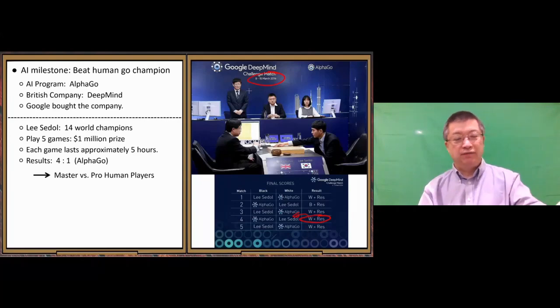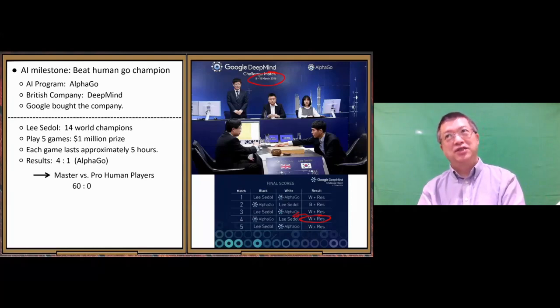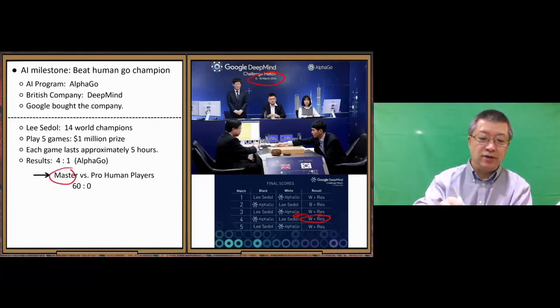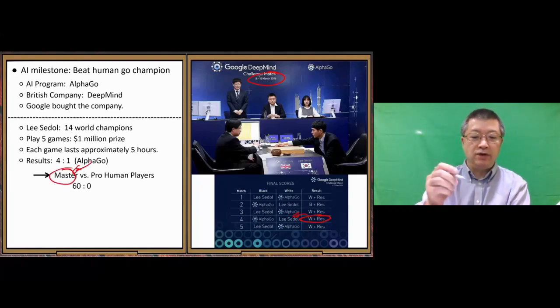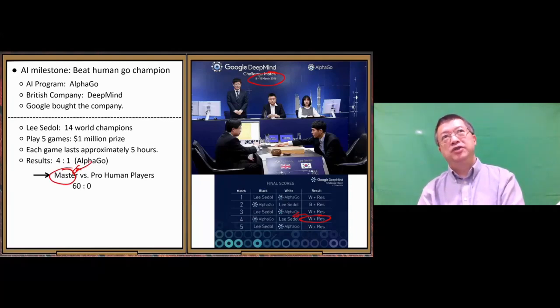The result was surprising: 60-0. That's the real strength of AlphaGo. It used the name Master, changing its name from AlphaGo to Master, but it was the same team in control behind it. All right.